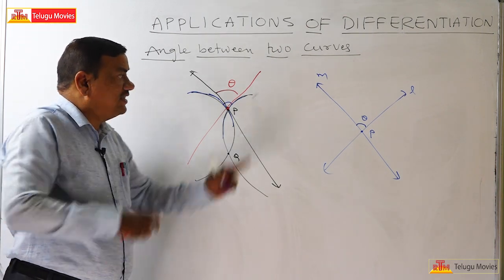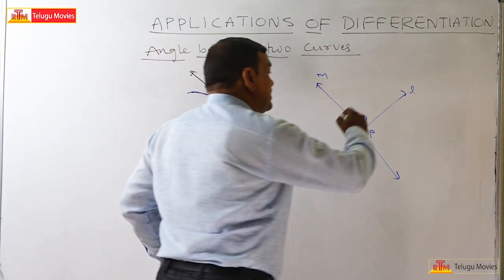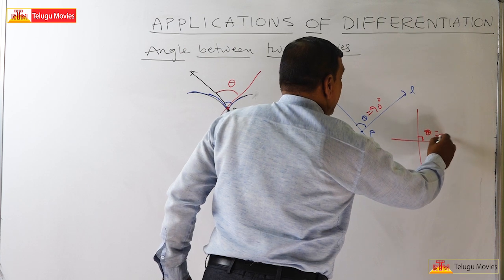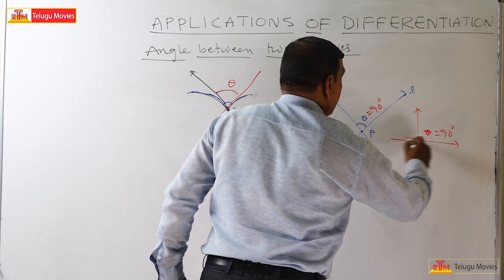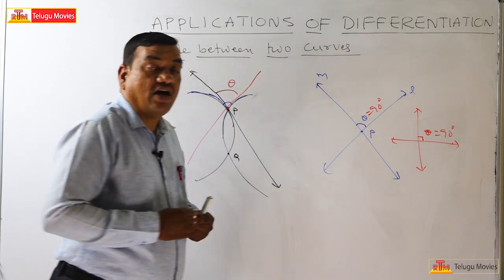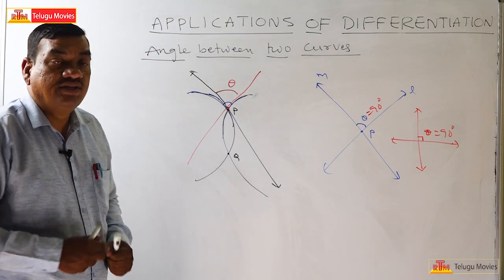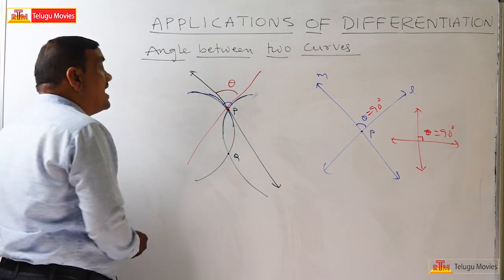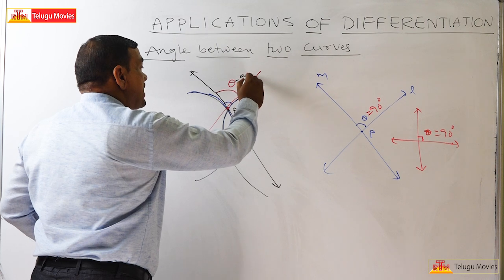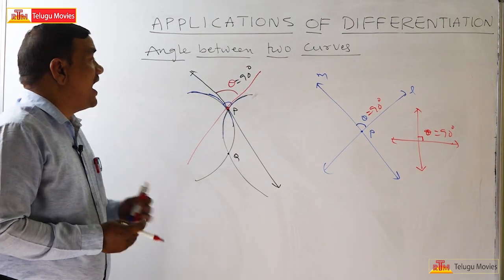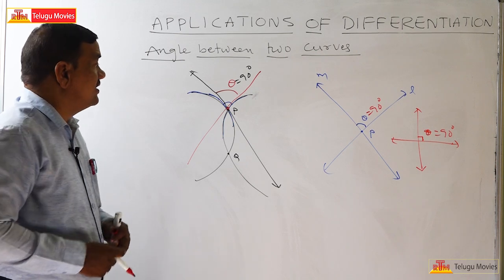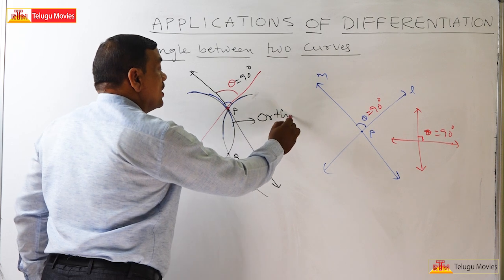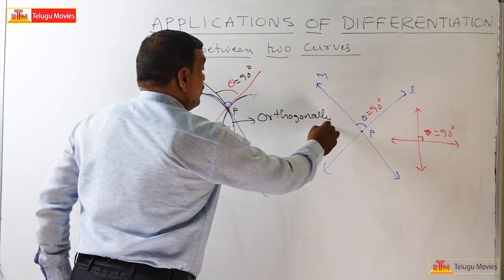See here, in straight lines, if the angle theta is equal to 90 degrees, that means if these two lines are perpendicular, then we call them perpendicular. But if the angle between these two tangents is 90 degrees, then we say that these two curves intersect orthogonally.